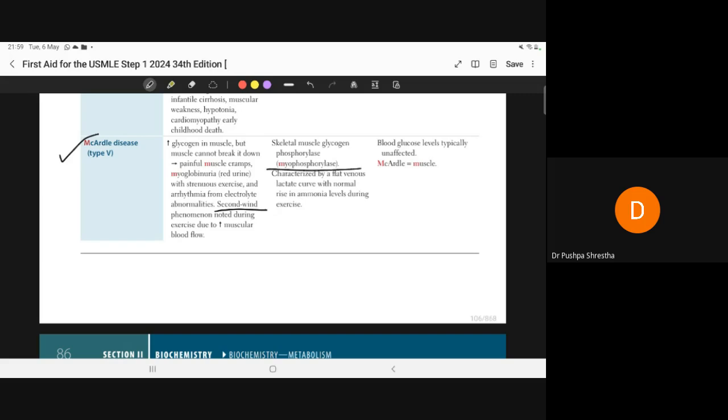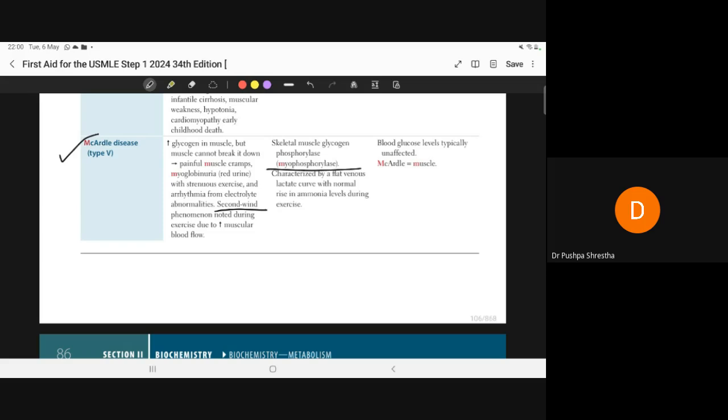So whatever glucose was provided by your blood circulation was picked up by the muscle and utilized. When you do the first exercise, your body does not know that, and your muscles are also stiff, right?